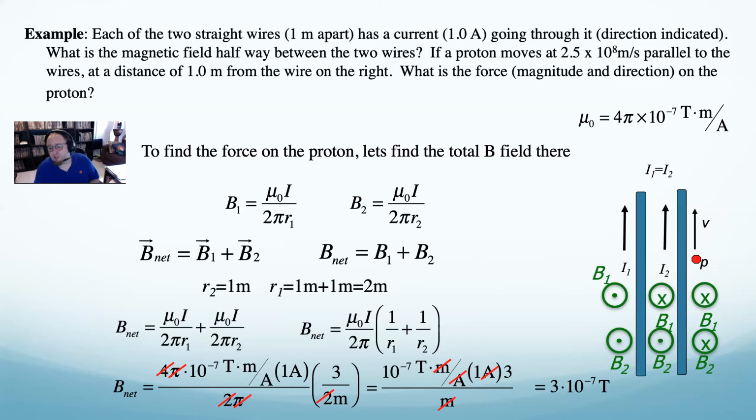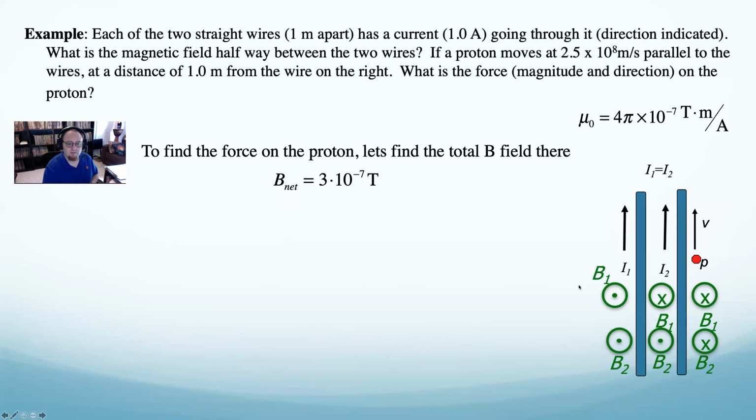But that's not the force acting on the proton. That's the magnetic field. Now that we know the magnetic field, we can get the force. If I want to get the force, I would say the force is QVB sine theta. And assuming I know the charge of a proton, which I wrote on the bottom for some obscure reason, I can say the proton's going up, the magnetic field's straight out, so they're 90 degrees from each other.